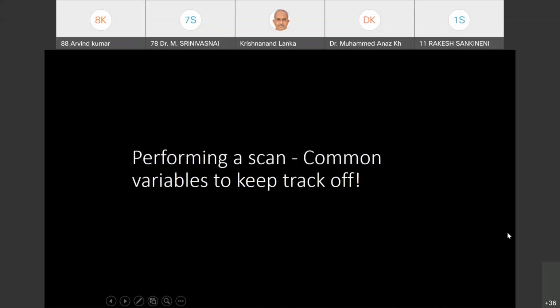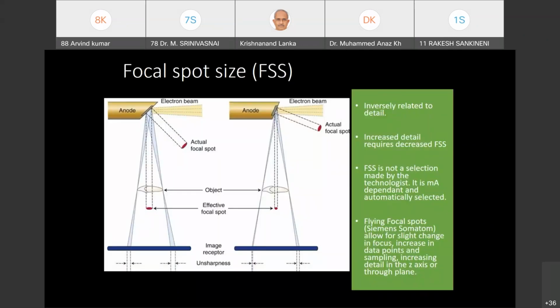So now coming to performing a scan, a common variable to keep track of is the focal spot size. How to choose the focal spot size?